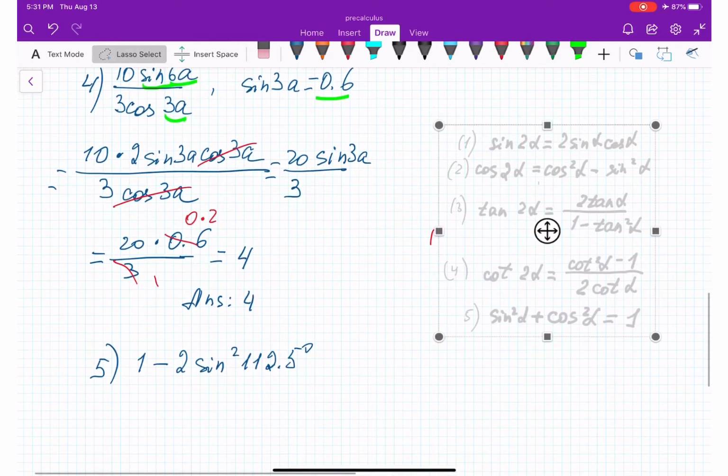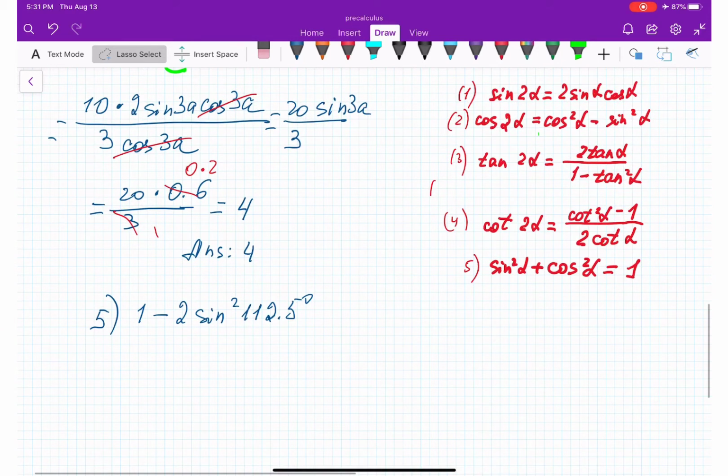Okay, that's good enough because we can see. So what we are doing first, we are applying formula number, let me see which one we want to apply. Okay, I'm going to start working with formula 2.